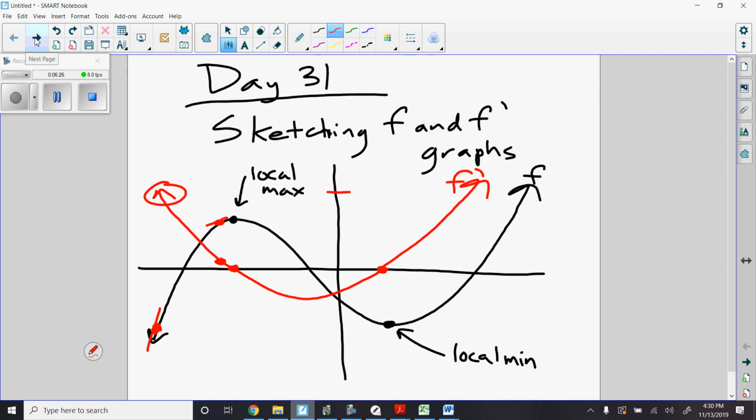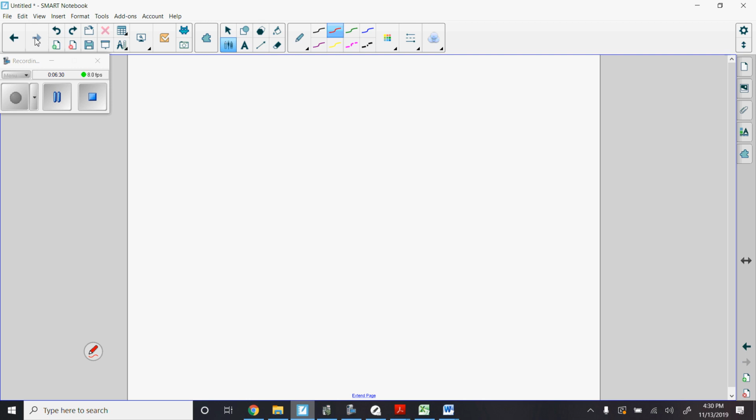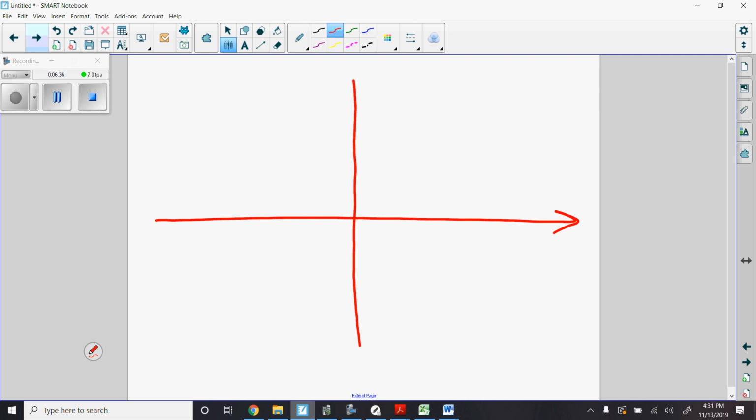I'm going to start with an f prime graph, and I'm going to try and sketch an f graph. Okay, so here's an f prime graph.